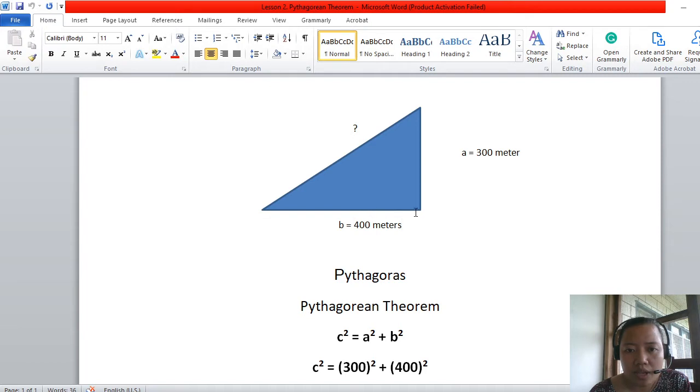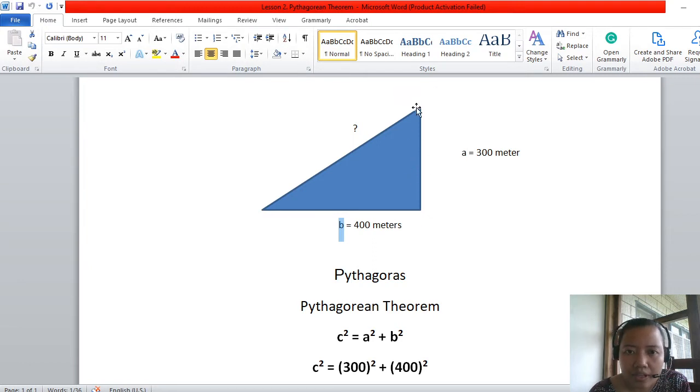There is a given here, the b, this line here, or this distance, is equivalent to 400 meters. And then this line here is equivalent to 300 meters. These are given already. So we label it b as base and a as altitude.